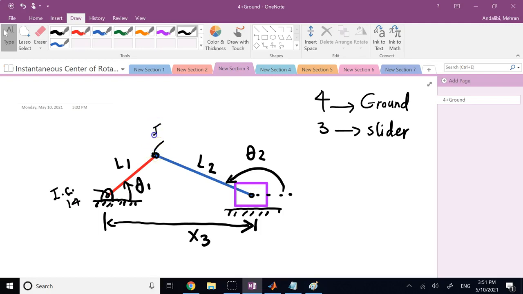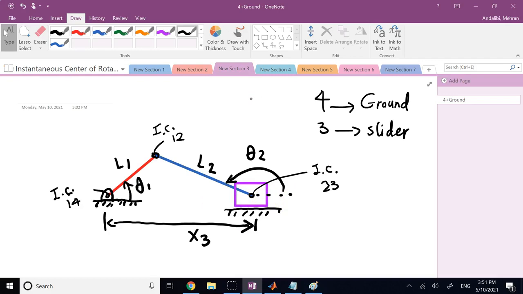Here is the instantaneous center of 1 with respect to 2. Here is the instantaneous center of 2 with respect to 3, because 2 and 3 are pivoted there. So where is 3 with respect to 4 and the rest of it? Especially 3 with respect to 4, if you ever need to find out. Of course, you know 3 is a sliding, pure translation, so its center is at infinity.